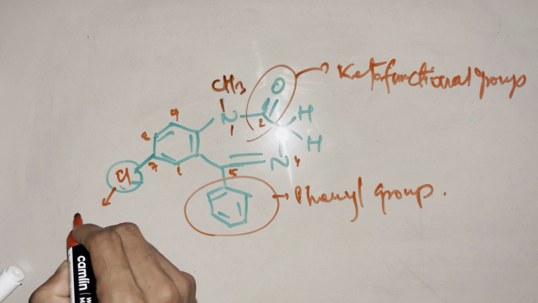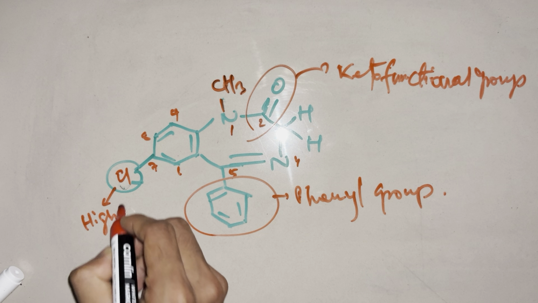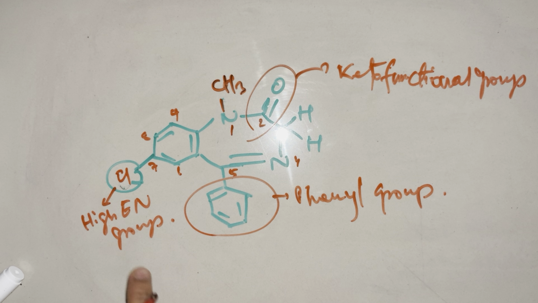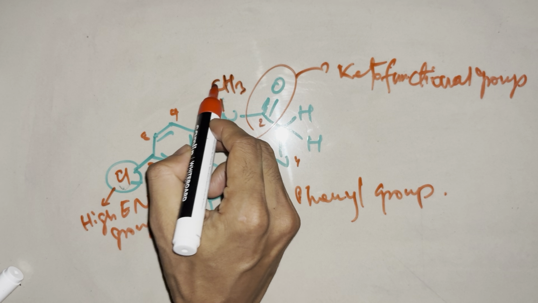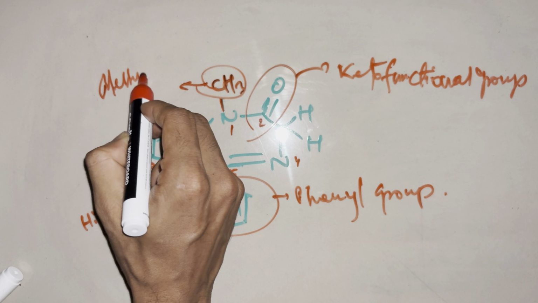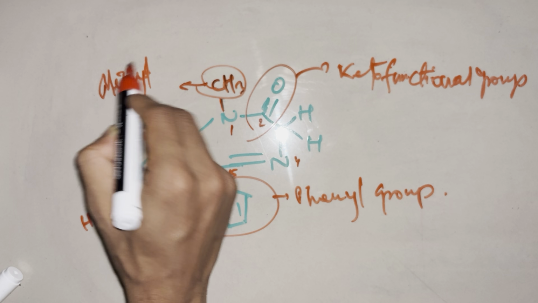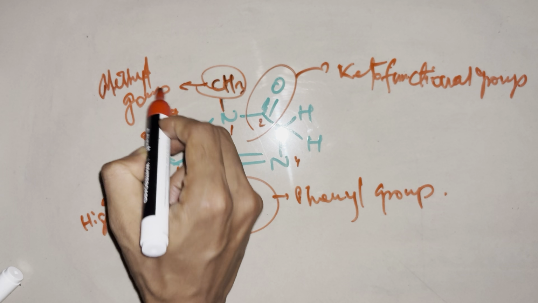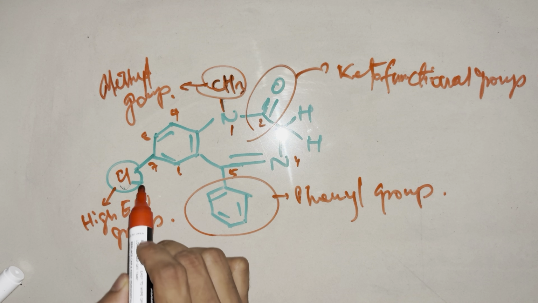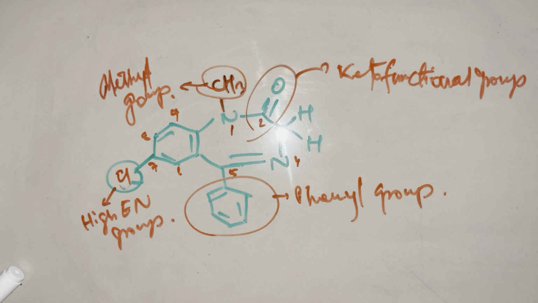This electronegative group is very, very important for the activity. Okay, now you will see that methyl group. This is also important. So you have to remember that in this, numbering will start according to alphabetical order.